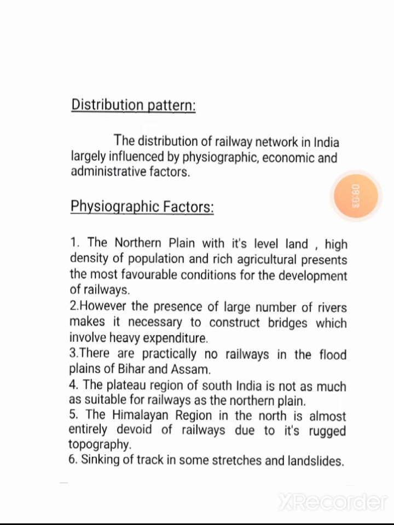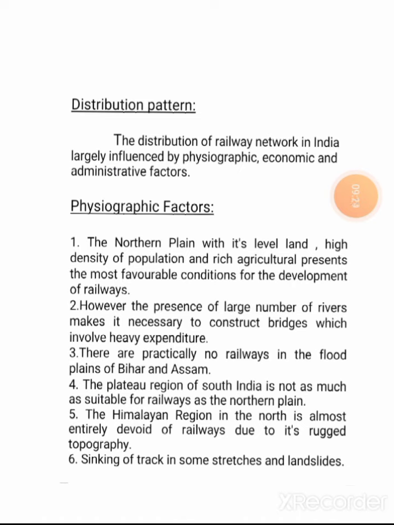The fourth one is, the plateau region of South India is not as suitable for railways as the northern plain. The next is, the Himalayan region in the north is almost entirely devoid of railways due to its rugged topography.